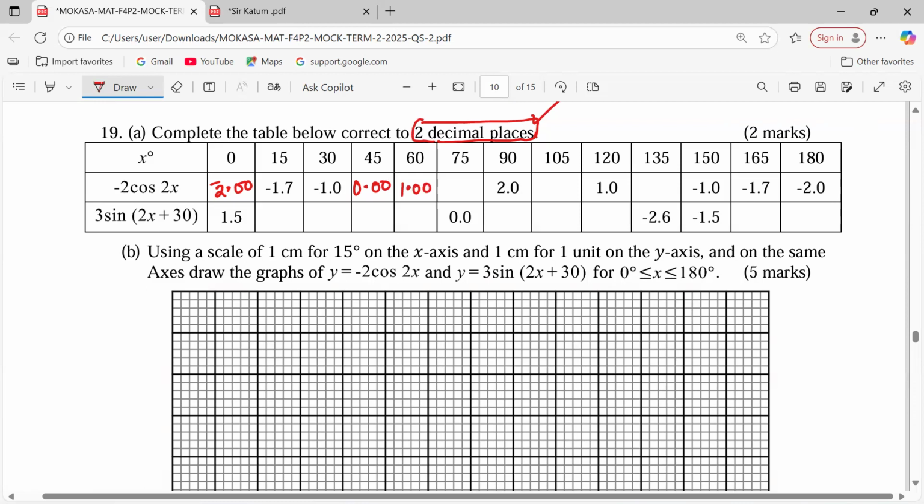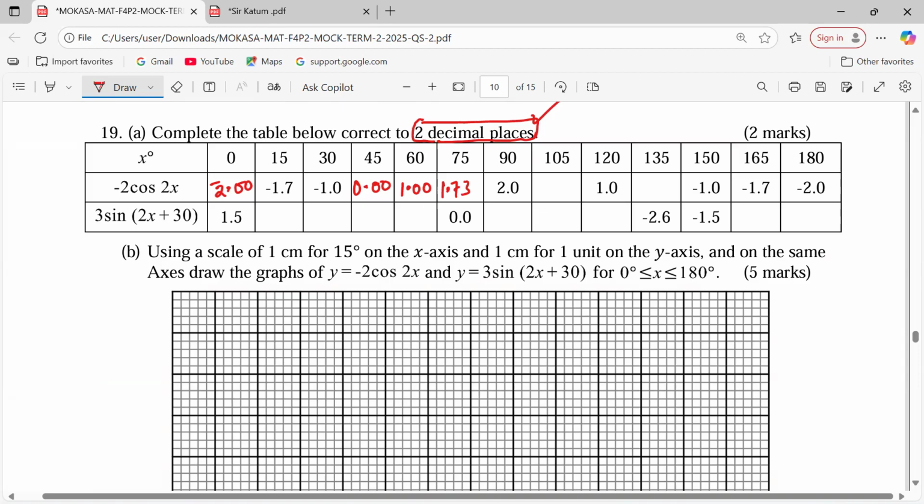At 75, you type in your calculator -2 cosine of 2 multiplied by 75, right? That would be positive 1.73. At 90, it's 2. We go to 105.